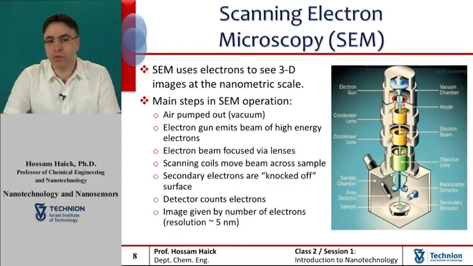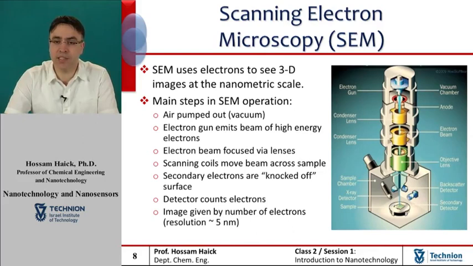We will move now to the scanning electron microscope. The scanning electron microscope, also abbreviated as SEM, uses a focused beam of high energy electrons to generate a variety of signals at the surface of solid specimens.